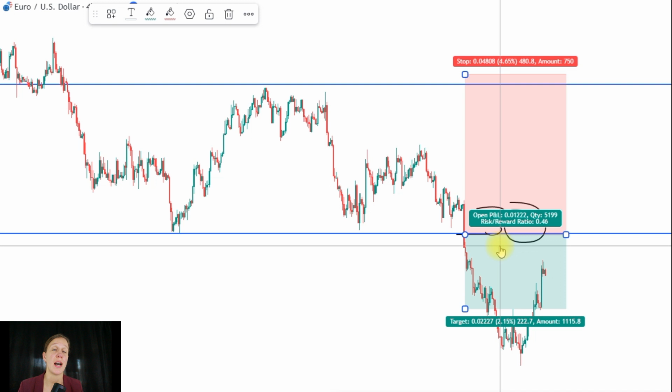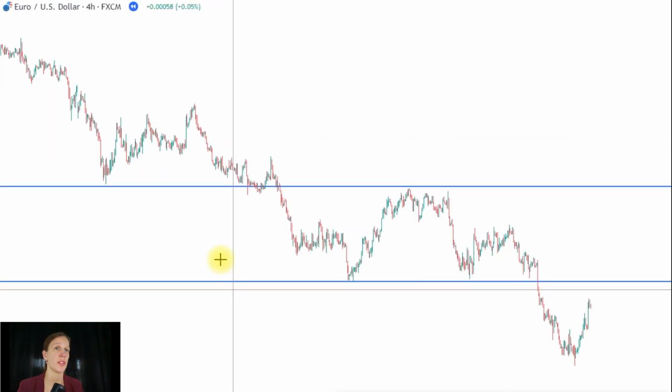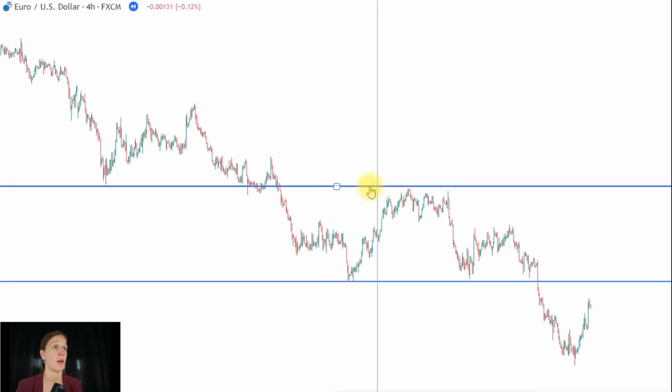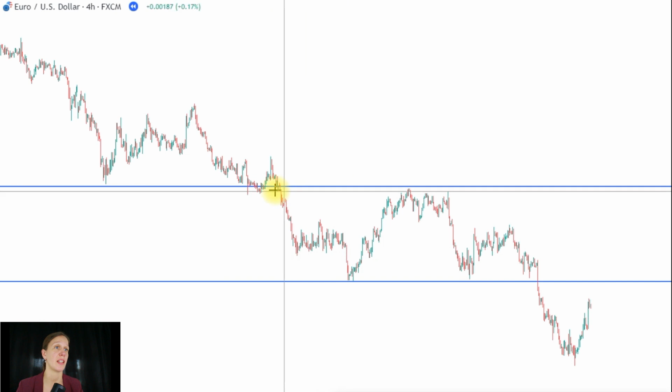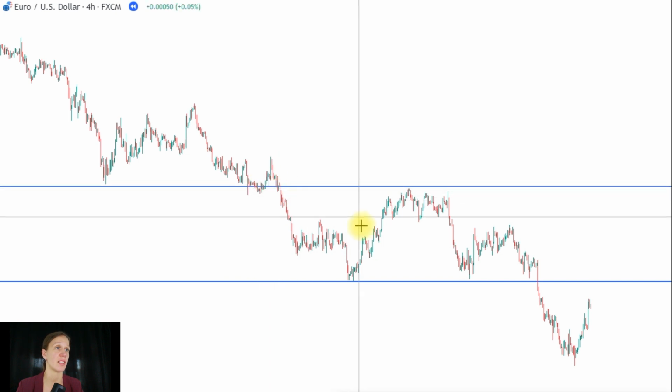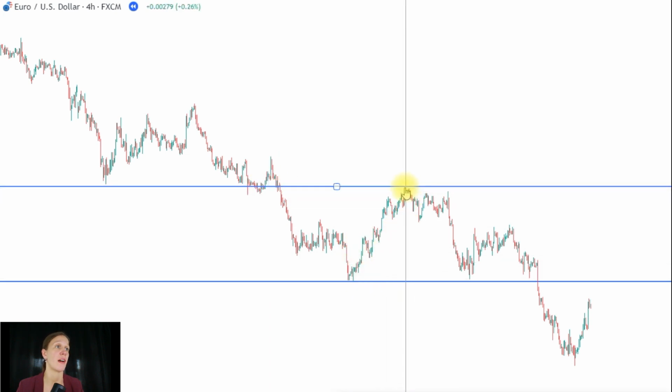And therefore, I will show you now what to do in order to improve your risk-reward ratio for this time frame. So you see, I've already drawn in this support and resistance area. The market finds resistance here first and then reacts to it a second time and now finds support in it.